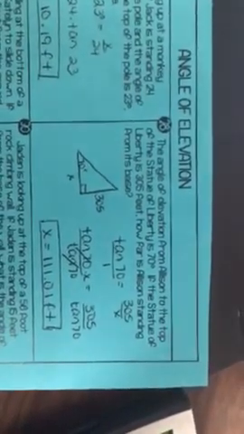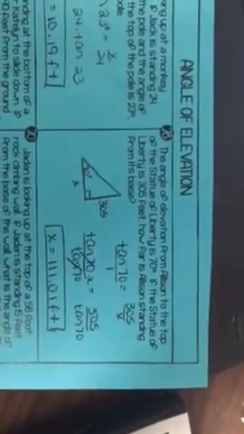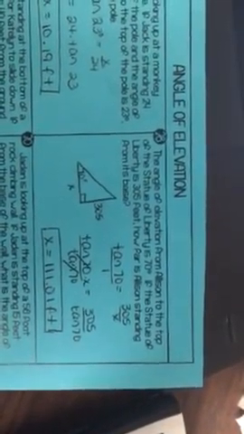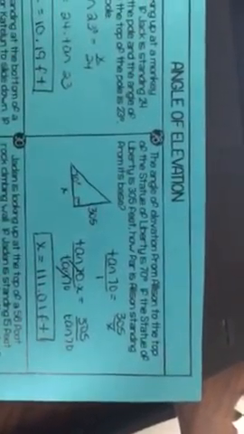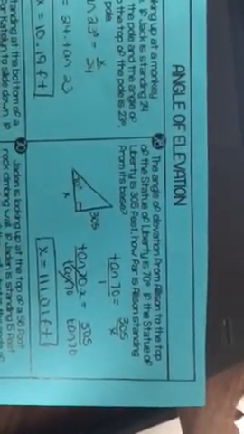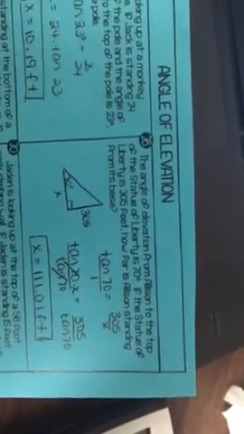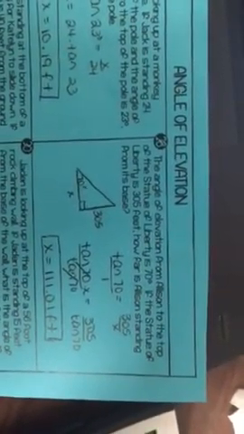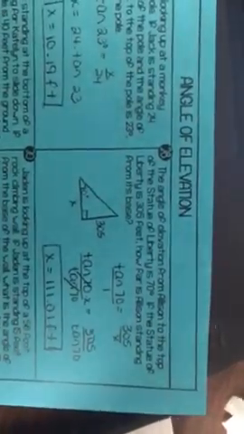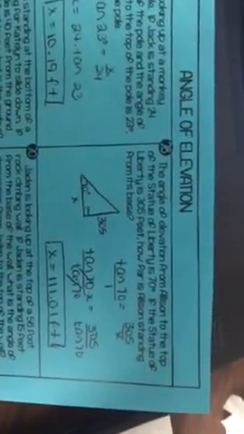For problem number 28, once again we're dealing with the angle of elevation. A girl, Allison, is looking at the top of the Statue of Liberty, and the angle of elevation is 70 degrees. It says, if the Statue of Liberty is 305 feet tall, how far is Allison standing from its base?